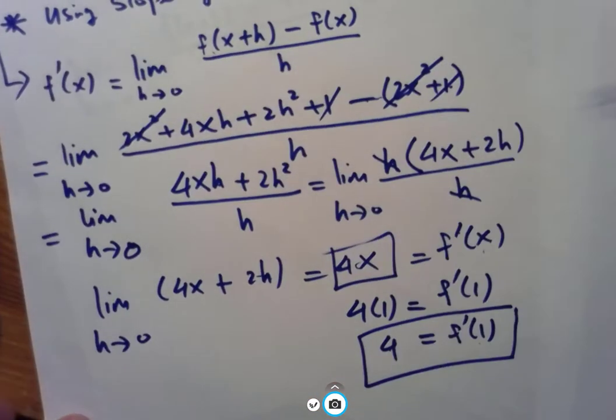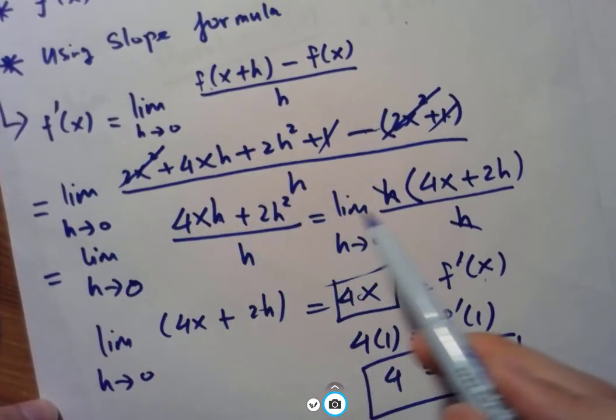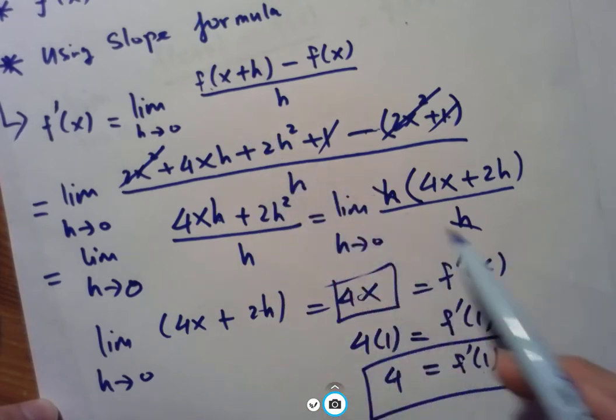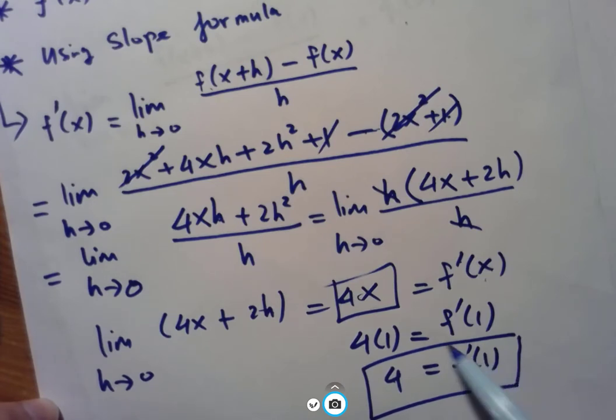Or you find the general formula f prime of x by using the limit definition, and then once you get the general formula, you just find the value at a specific x equal to 1 by substituting x into the function you got for f prime of x.